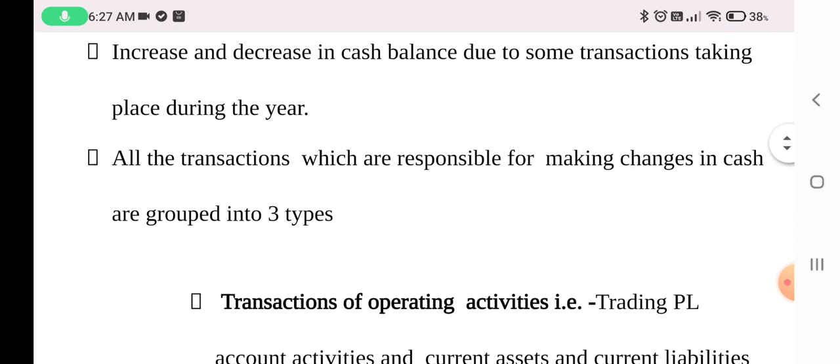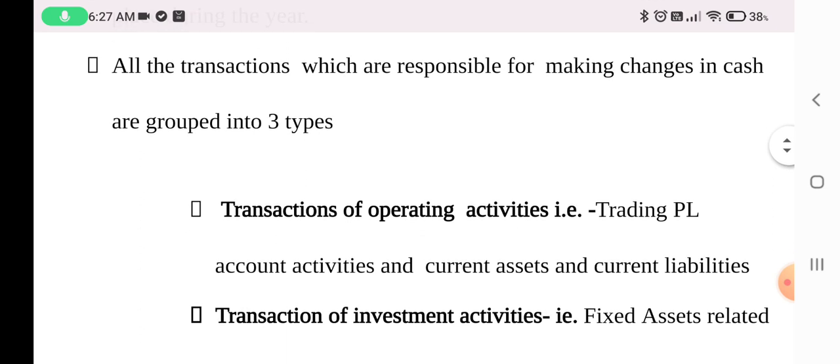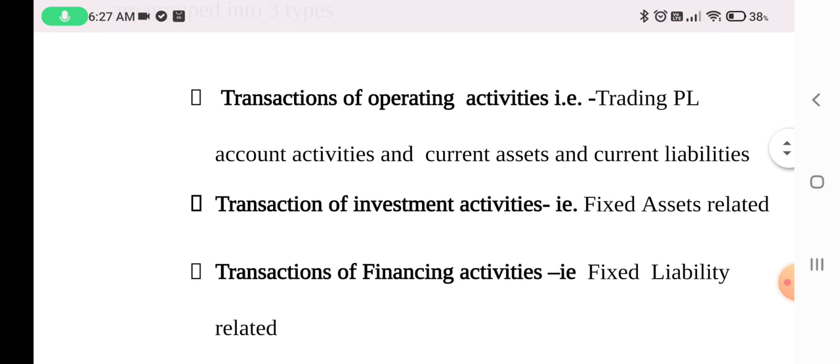And all the transactions which are responsible for making some changes are grouped into three categories. One is the transactions where the cash balance is changed due to operating activities. That means your business activities. When you are buying material, the cash is going out. When you sell the material, sell the product, you are getting cash inside.